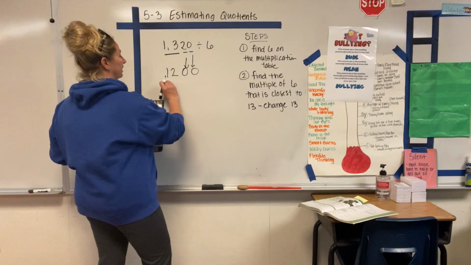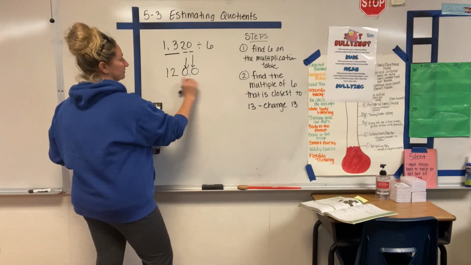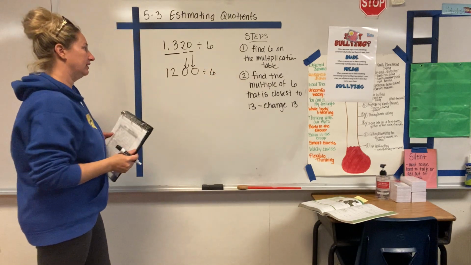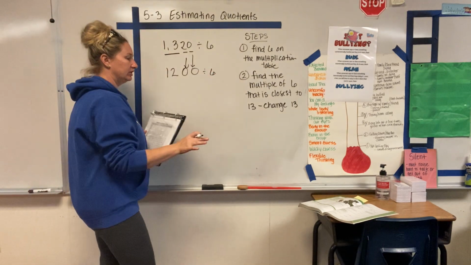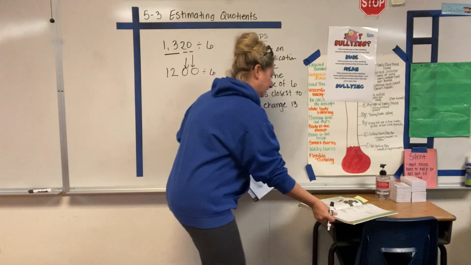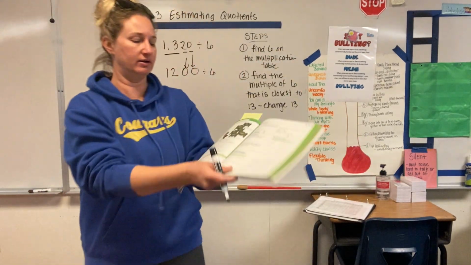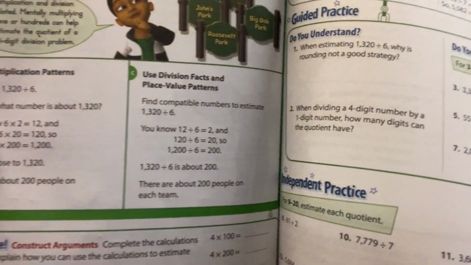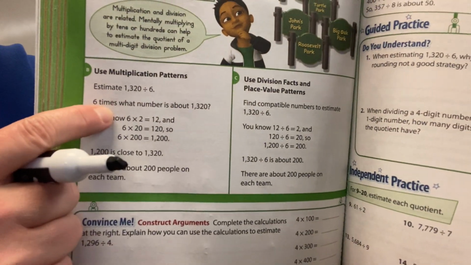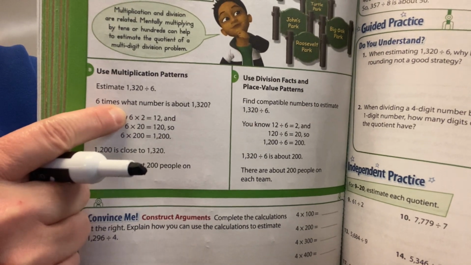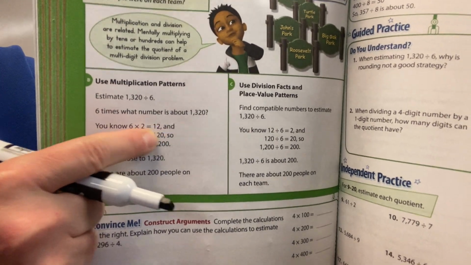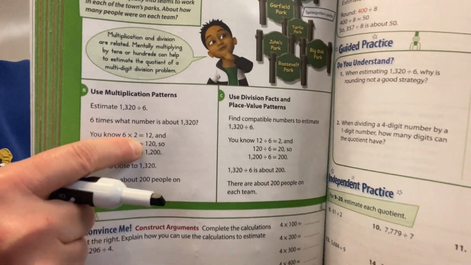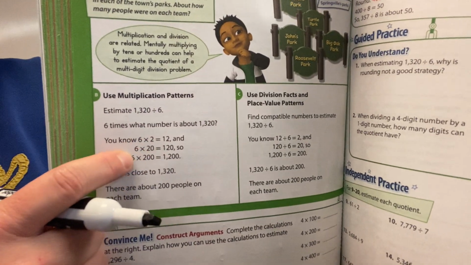Okay, so my new problem then is going to be 1,200 divided by 6. Now you're using this pattern that you've done before, right here. So you're going to figure out 6 times what is 12. Okay, so 2. So that means that 12 divided by 6 is 2.